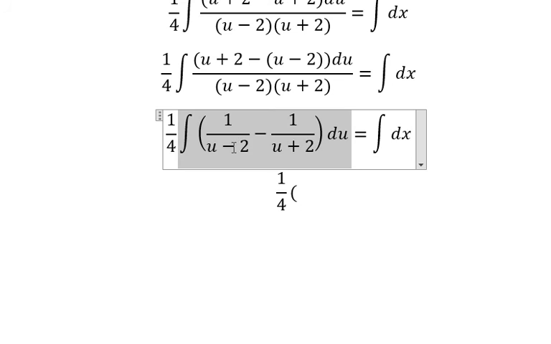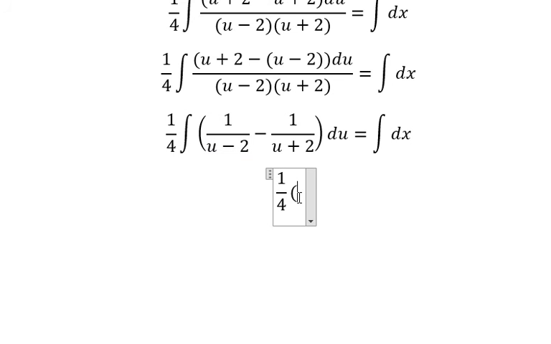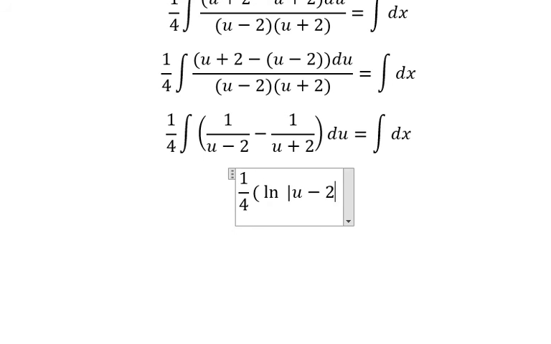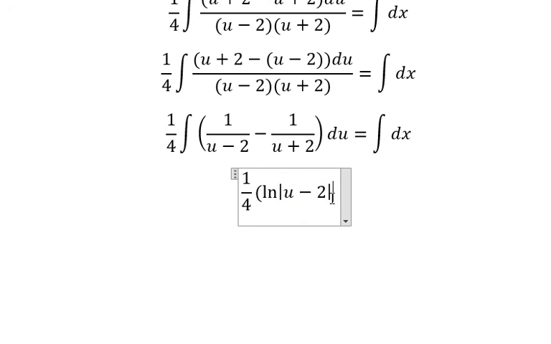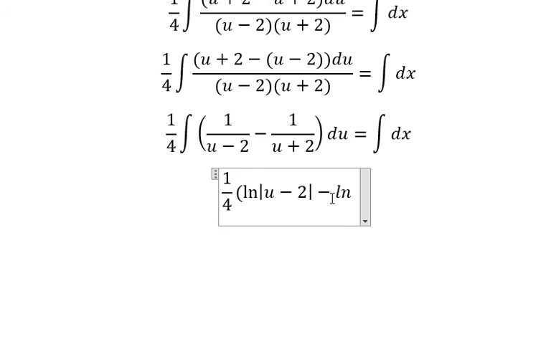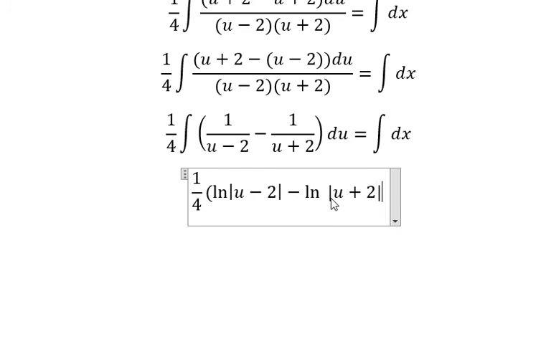The integration of this one in here, we have ln of the absolute value of u minus 2. The integration of this one in here, we have negative ln of the absolute value of u plus 2.